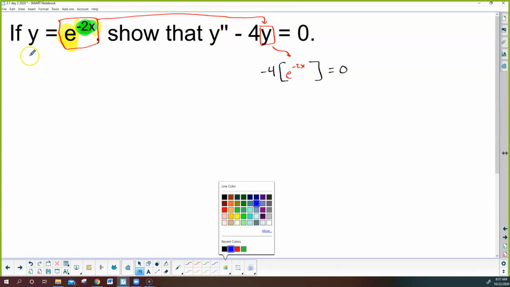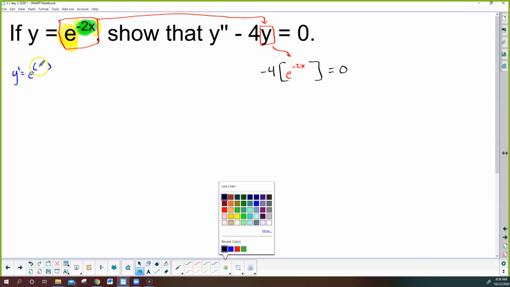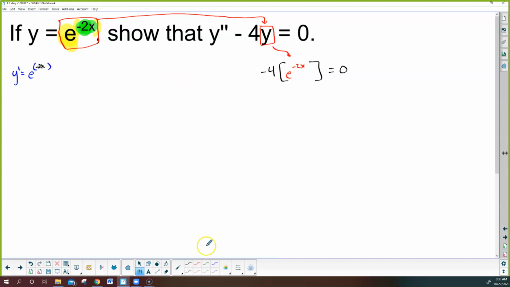Well, that's the chain rule. So I'm going to do this work off to the side. I'm going to take the derivative of the outside function, that's just the e. The derivative of e to the x is itself, with whatever is in the exponent. So derivative of the outside, keep the inside.